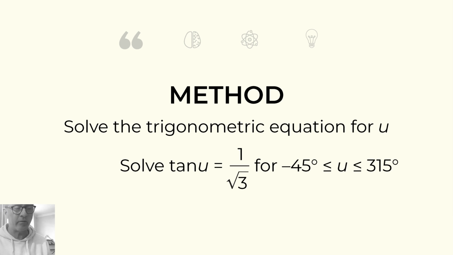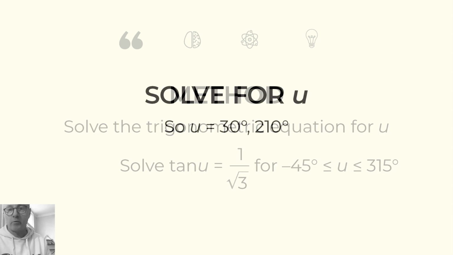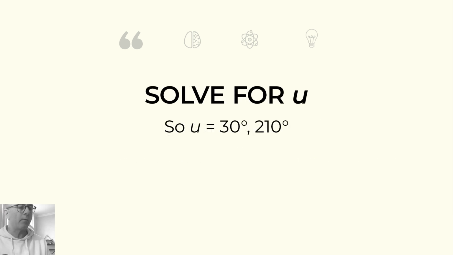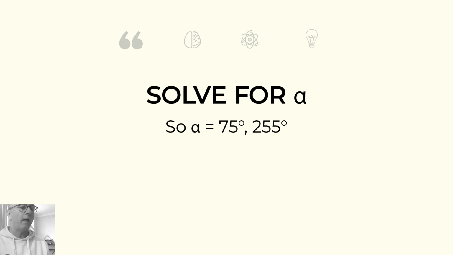Well, that'll be 315 degrees. And happily, of course, our two solutions for u, which are 30 degrees and 210 degrees, do lie in that domain. And so all we do is we add back the 45 degrees to u, and we say, well, alpha is going to be 30 degrees plus 45 degrees, which will be 75 degrees, and it can also be 210 plus 45, which is 255 degrees.